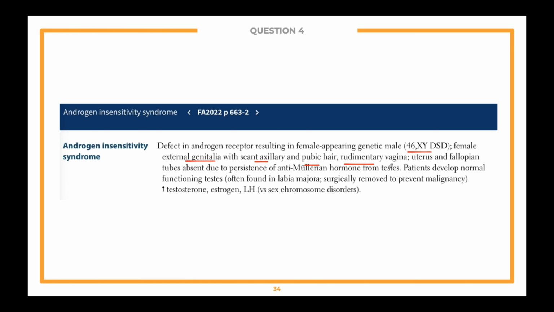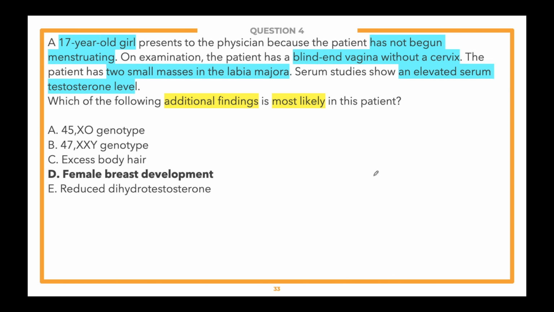These patients have elevated testosterone and estrogen. Our patient did have an elevated testosterone. So if we go back to our question, hopefully you can see why this is the best answer choice. In case you didn't read the question correctly, it was asking about an additional finding most likely.